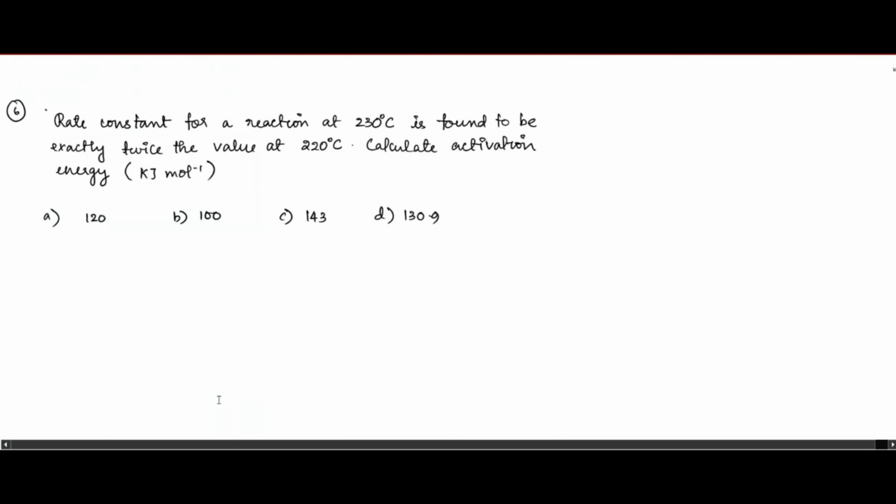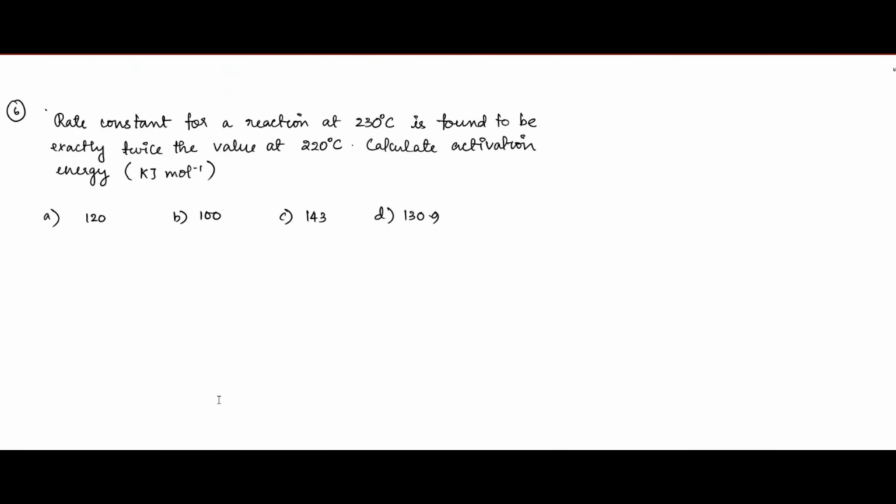Again from the Arrhenius equation. The rate constant for a reaction at 230 degrees Celsius is found to be exactly twice the value at 220 degrees Celsius. You have to calculate the activation energy.